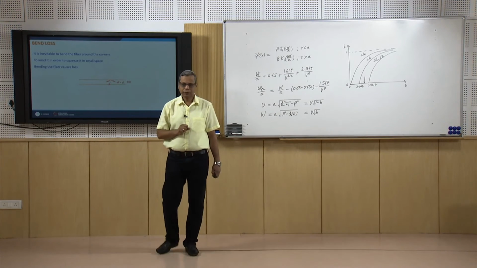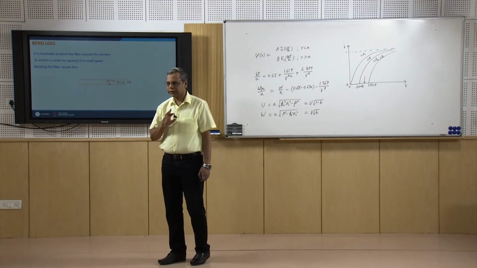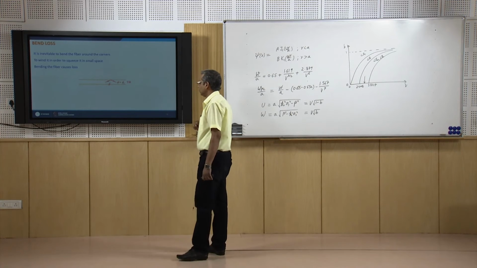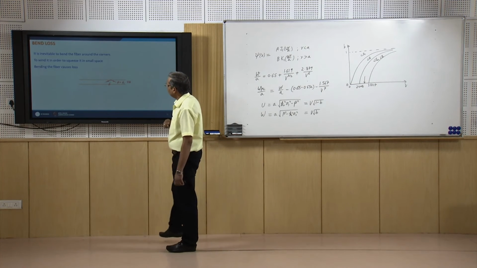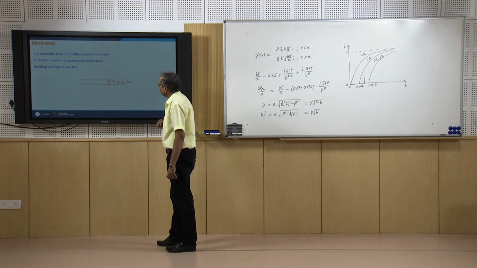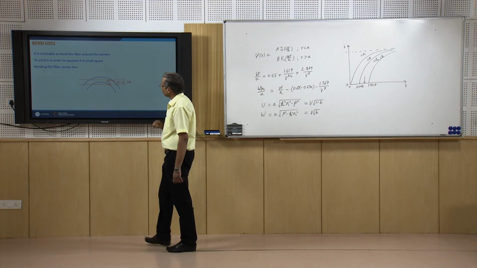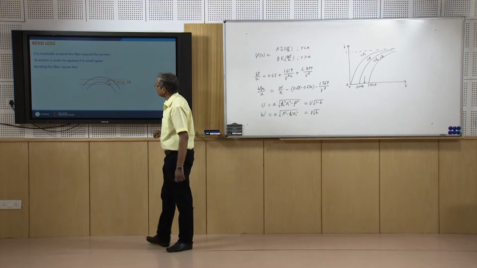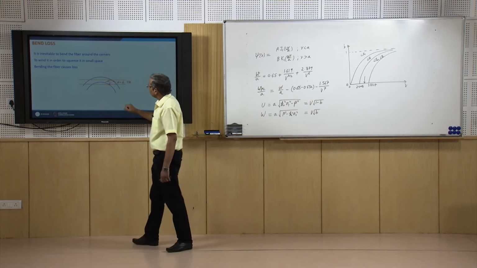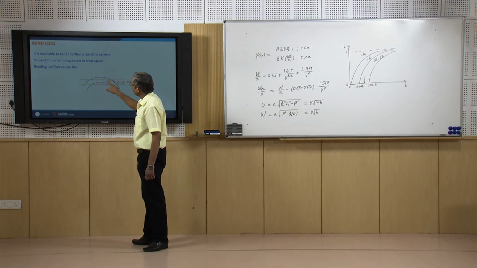A large amount of power will remain in the core and very little power will extend into the cladding. Now, if I bend the fiber, which is shown by these blue lines, just look at this wave itself.